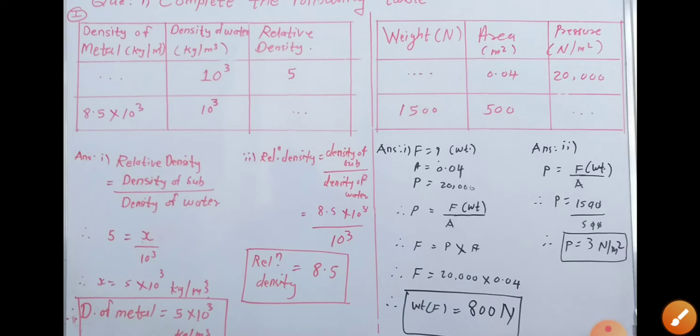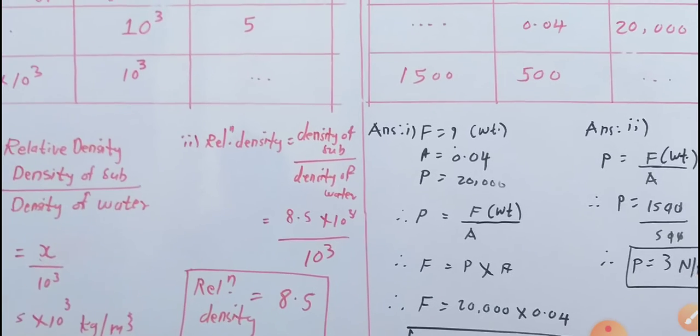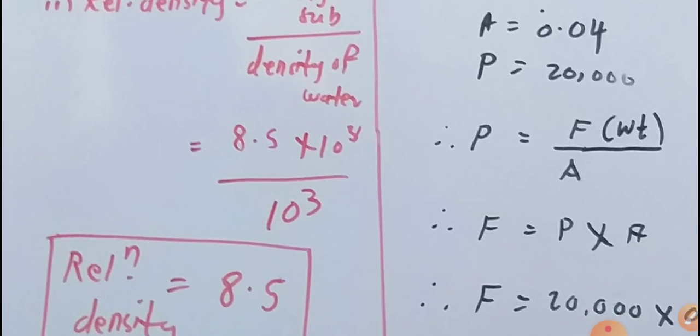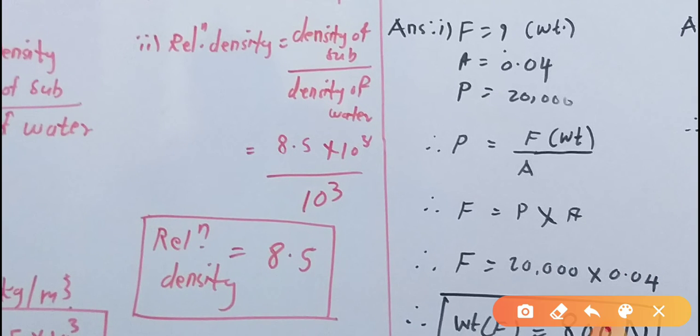In the second example, the density of metal is given and the density of water is given, we have to find the relative density. Again the formula of relative density is density of substance divided by density of water. The density of the metal in the table is 8.5 into 10 raised to 3.